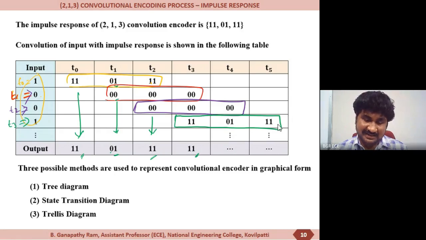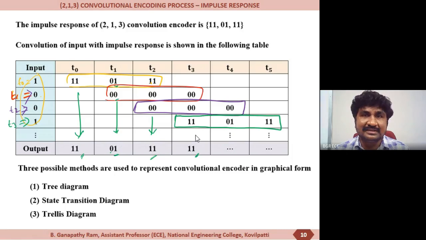And the specialty here is, this operation involves shifting and accumulation, which is represented by the modulo-2 sum, which replicates the convolution operation. This encoder is called the convolutional encoder.